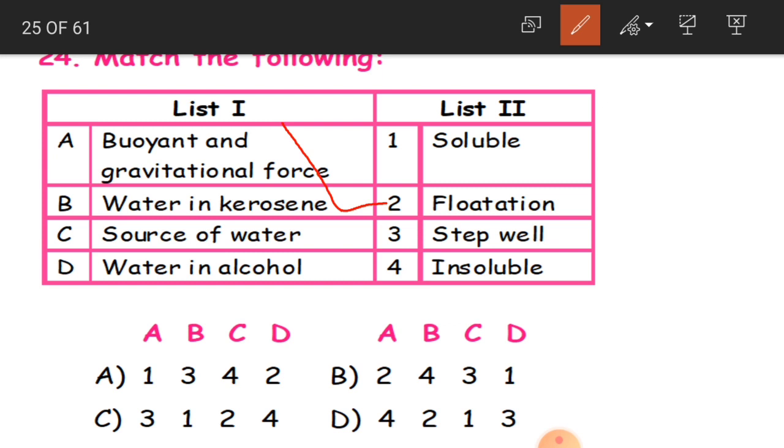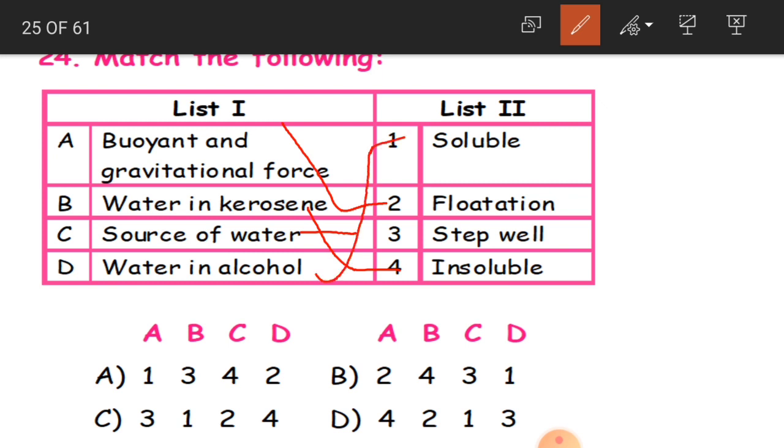So that is why water in kerosene is insoluble. Clear? And source of water. Source of water means what? Like step well. Okay, step well.